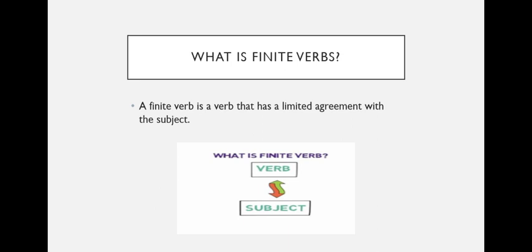As you can see, the verb agrees with the subject. So you just have to remember what a finite verb means. A finite verb is a verb that has an agreement with the subject. Now let us understand what type of agreement this verb enters into.